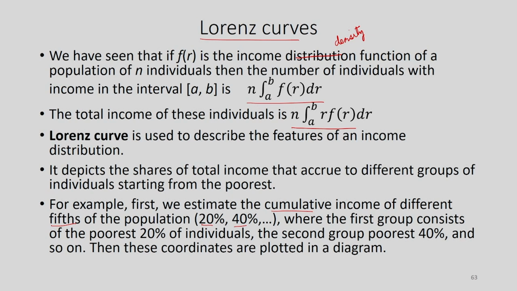But here we are talking about cumulative income. So, in the first section, the bottom 20% is considered. In the second section, the bottom 40% is considered, and in that 40%, the first 20% is included. Likewise, it will go on, where the first group consists of the poorest 20% of individuals, the second group the poorest 40%, and so on. Then these coordinates are plotted in a diagram.